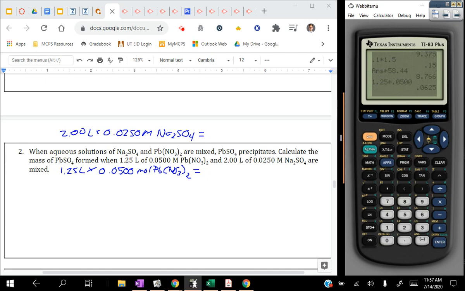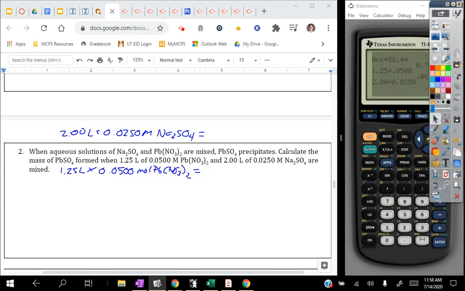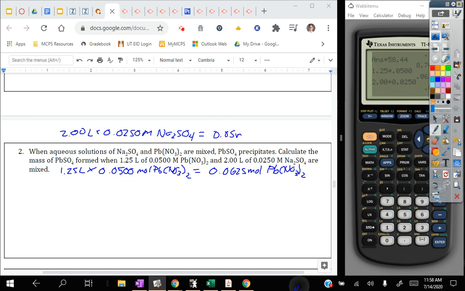All right, so 0.0625 moles of lead nitrate, and then 2.0 times 0.0250, that's 0.05. So this is 0.0625 moles of lead nitrate and 0.05 moles of Na2SO4.